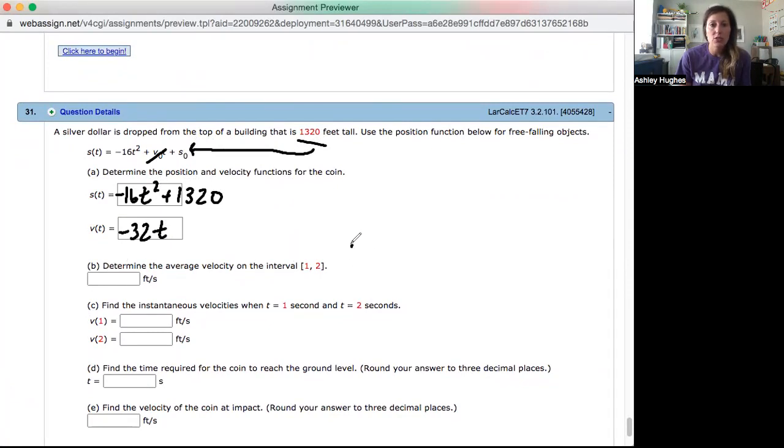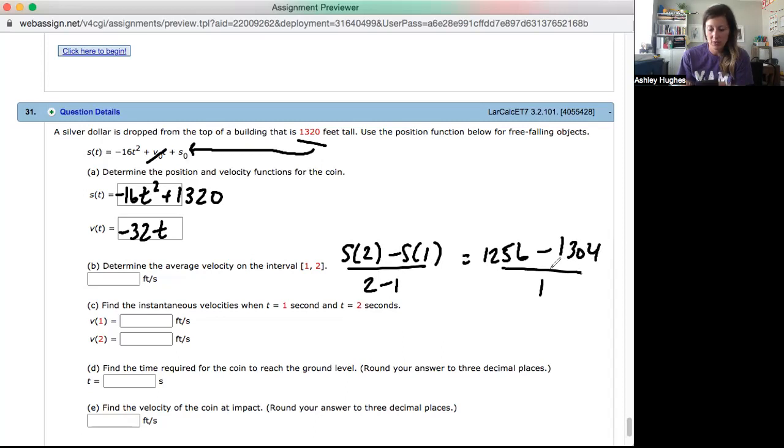Determine the average velocity. Average velocity means you take the change in position over the change in time. So we plug in 2 into this function and plug in 1 into that function and subtract. So -16 times 2 squared plus 1320 is 1256, minus when I plug in 1, I get 1304, divided by 1, so 1256 minus 1304 is -48.